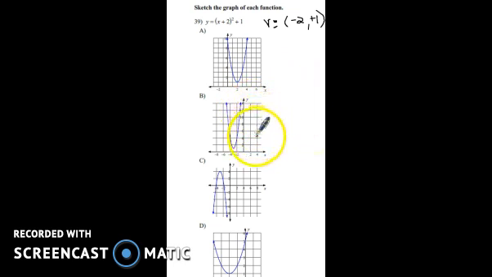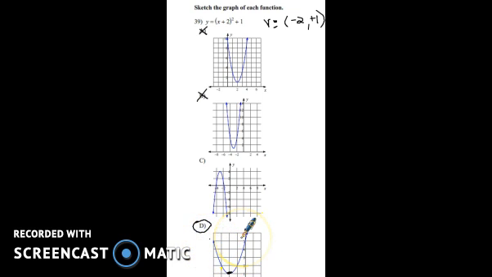So I'm looking for a vertex at negative 2, plus 1. That's not it. That's not it either. It looks like it's going to be D because this one actually has a vertex of negative 2, plus 1. And also, we should have a parabola that's faced up because if we were to expand this all out, we would end up with an A value that's positive.